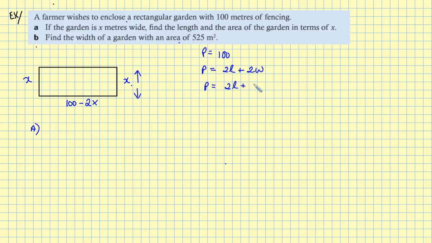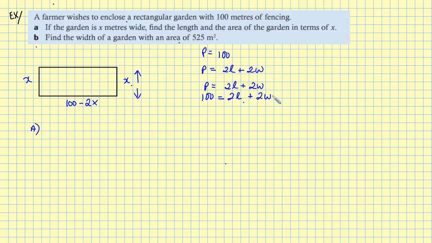And if the value of the width is equal to x, then it's 2w. Because the perimeter is equal to 100, 100 is equal to 2 times the length plus 2 times the width.